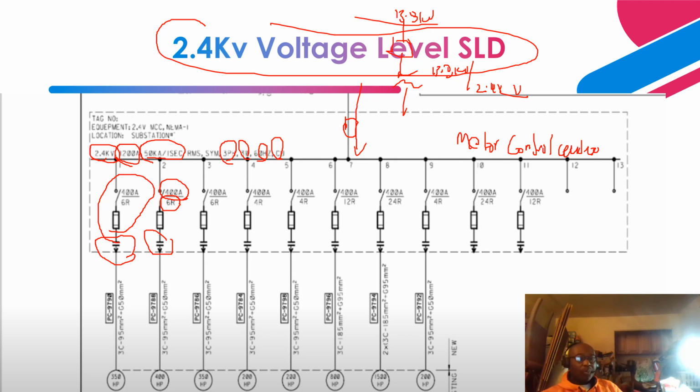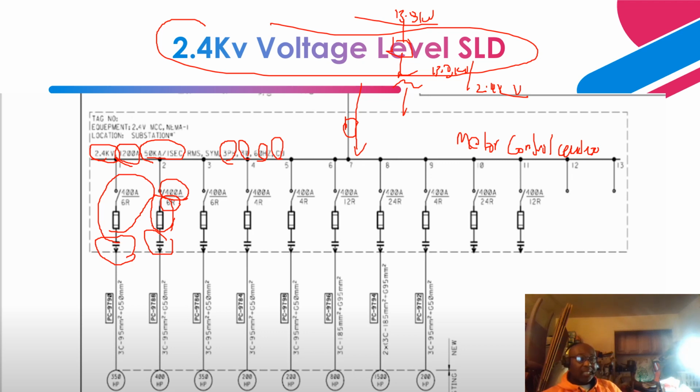And this is a fused disconnector switch. If you have to isolate the motor and perform testing or maintenance on it, this helps you disconnect by operating the disconnector switch.